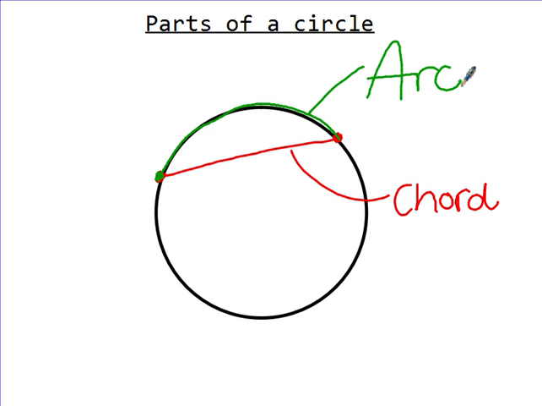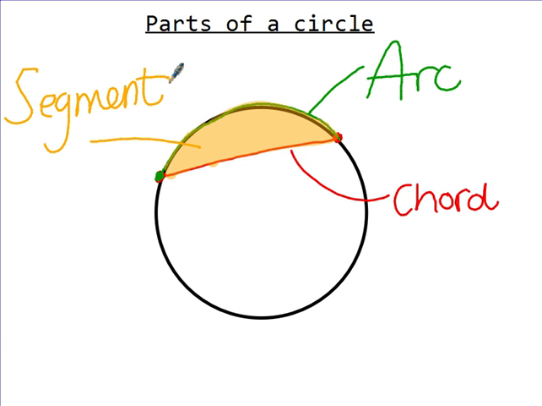Now, a segment is the area contained within an arc and a chord. So this orange area here is called a segment, and it's the area in between an arc and a chord. Okay, so we've got one more piece of vocabulary we need to learn, sorry, I thought we were done.